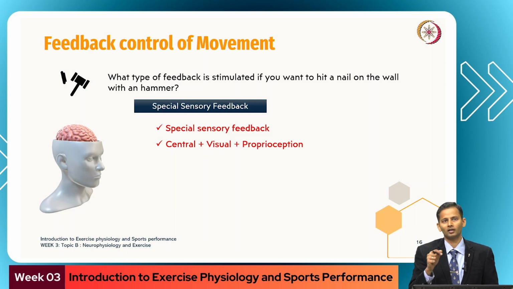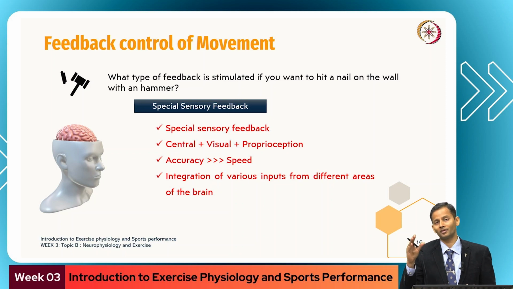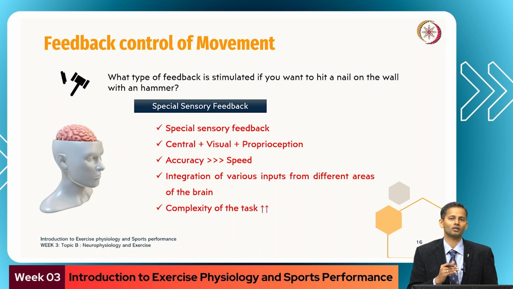So all the three special senses are also integrated in this particular motor response. Here accuracy is far more important than the speed. So you take some time and analyze it, and then you proceed with the motor output. So integration of various inputs from different areas of the brain are required to perform this particular task.